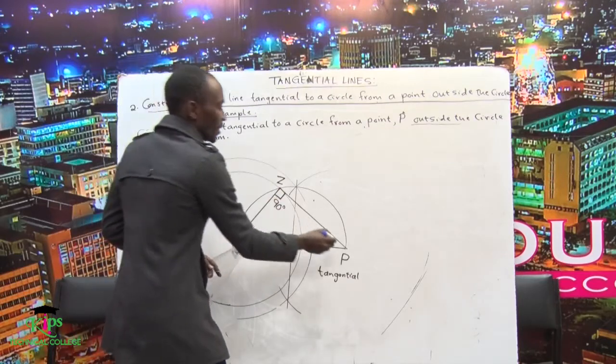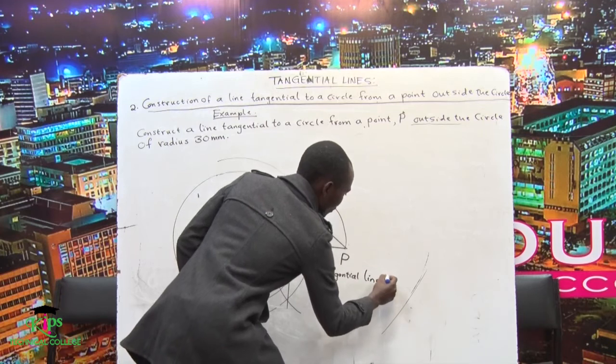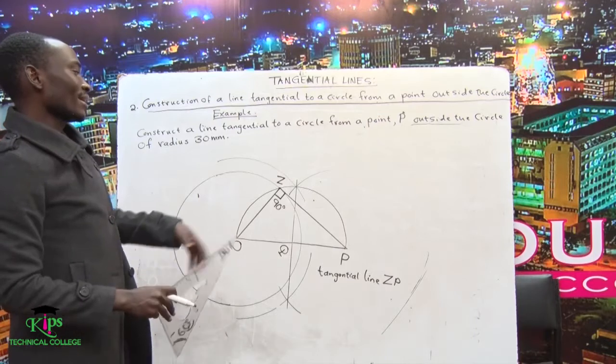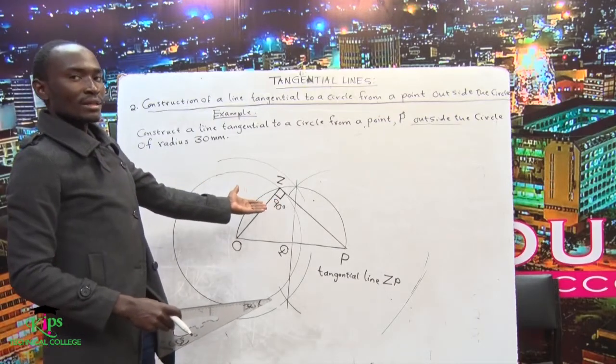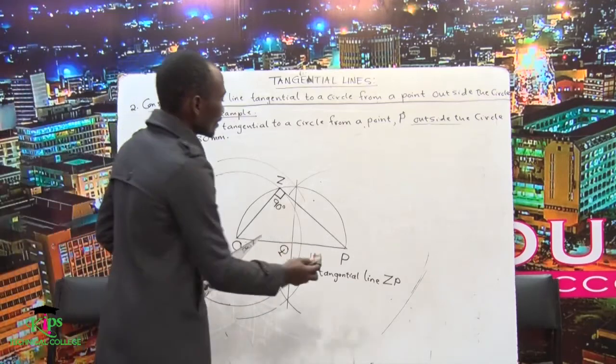Line ZP is the tangential line. So now that is my tangential line. Line ZP.